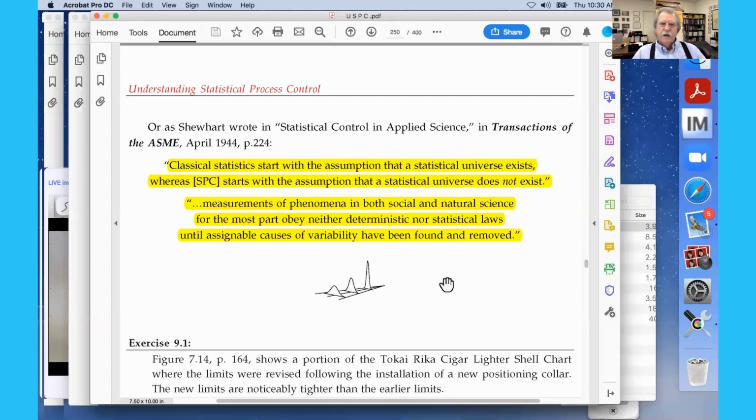Measurements of phenomena in both social and natural science, for the most part, obey neither deterministic nor statistical laws until the assignable causes of variability have been found and removed.